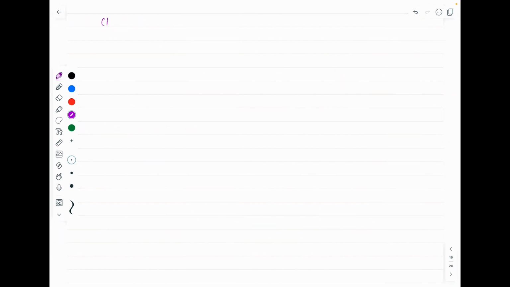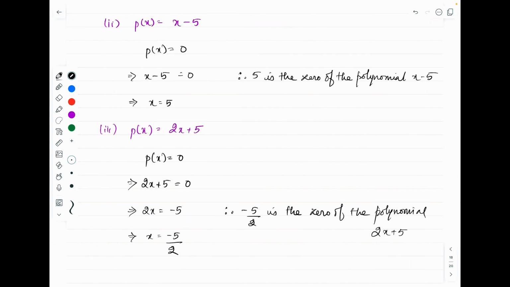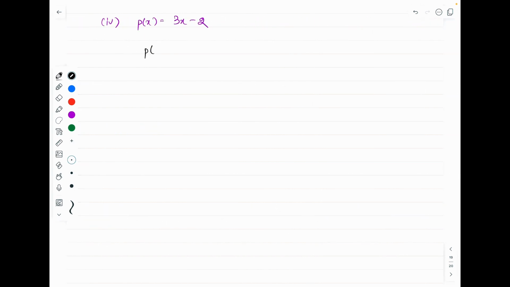Then the fourth question is given as p of x equals 3x minus 2. Again we have to do p of x equals 0. Instead of p of x we replace 3x minus 2 equals 0.